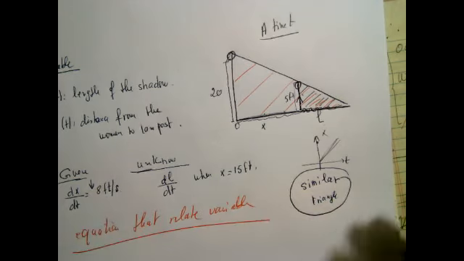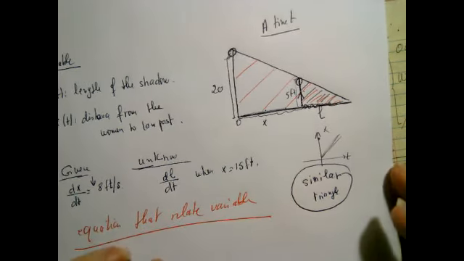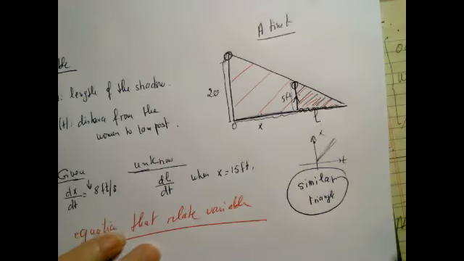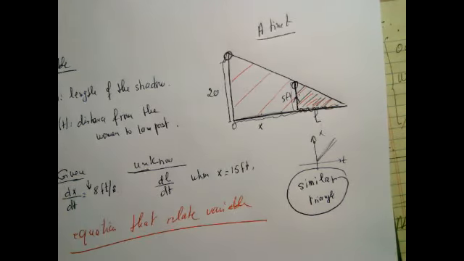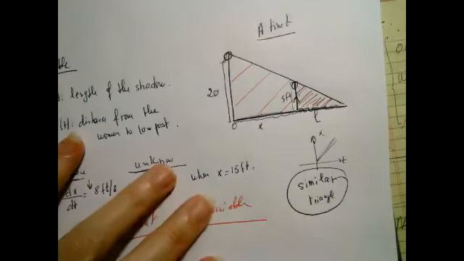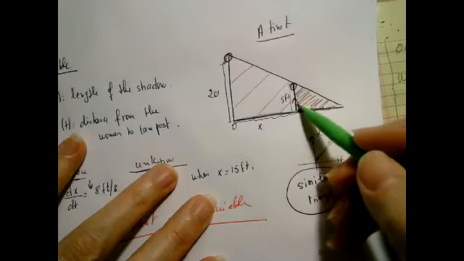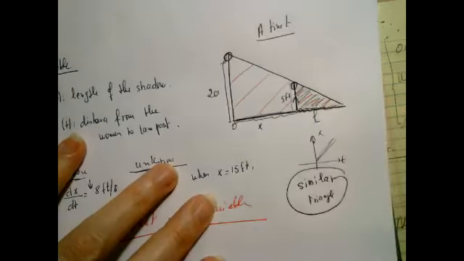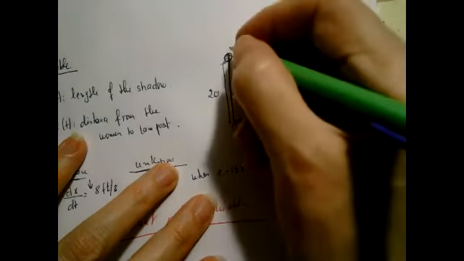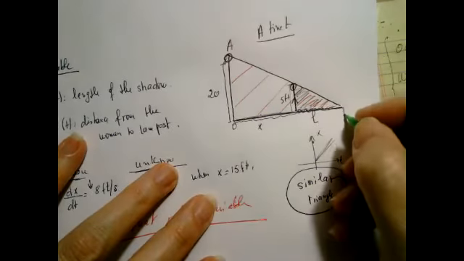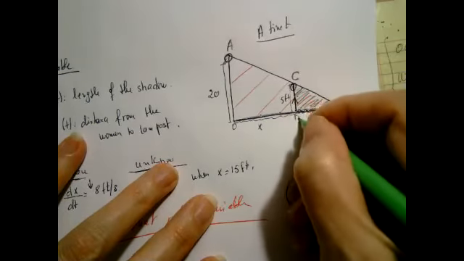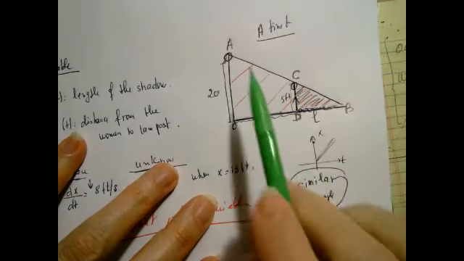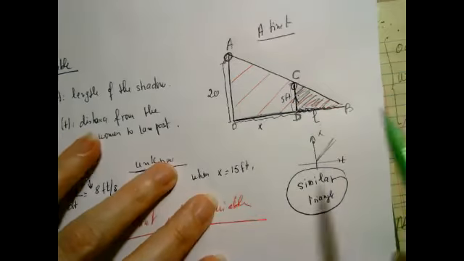Some of those problems we have formulas for, and sometimes you have to be a bit creative. I want you to spend 2 minutes to figure out what I'm talking about. What's this idea of similarity? The little triangle here and the big one. Let us call this one A, O, B, and this one C and D. So my triangles AOB and CDB are similar.